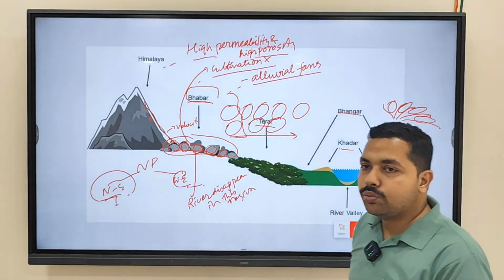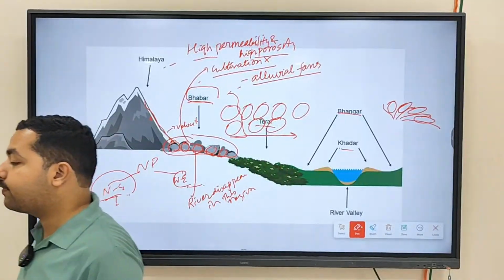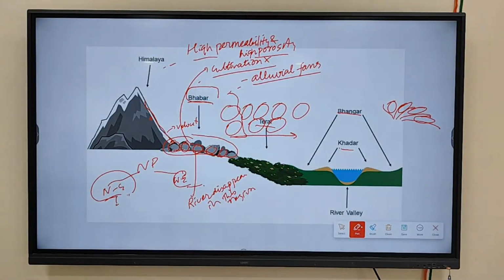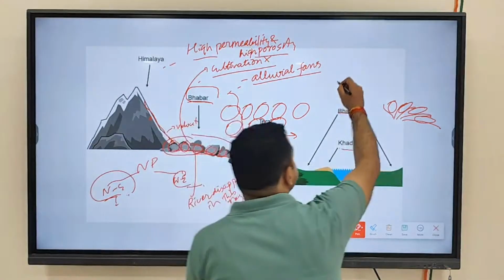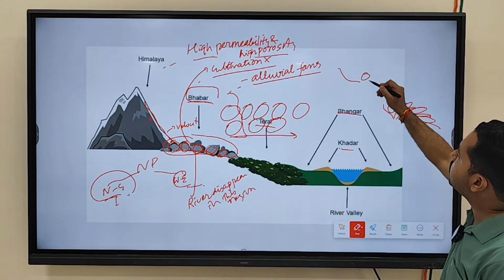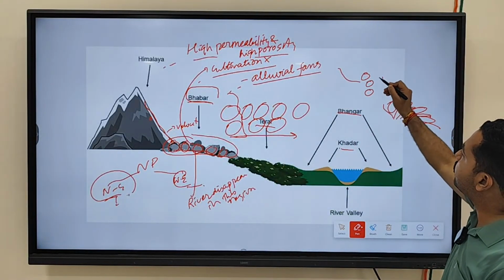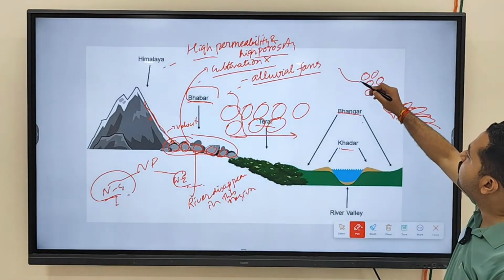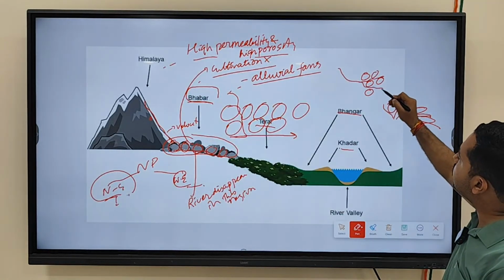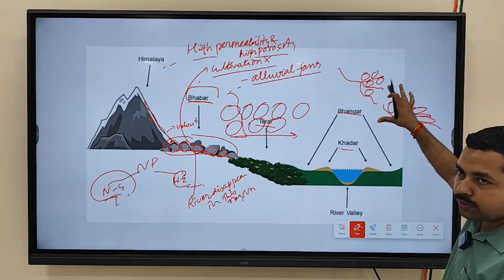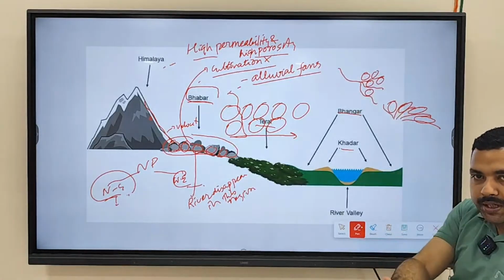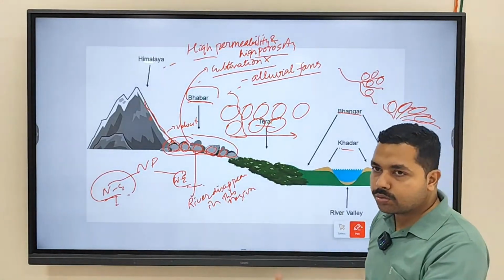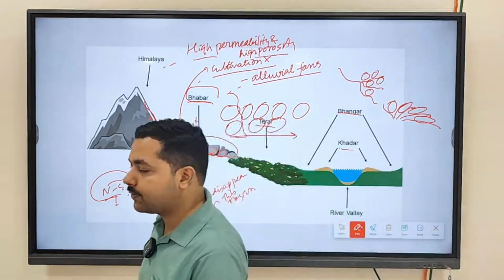It is called an alluvial fan. Let's say the river is coming like this. Now the river will deposit the boulders like this, and then the river will start taking this particular path. Whatever spaces are created when rivers flow through, this is creating an alluvial fan.